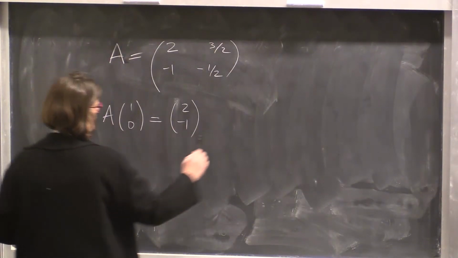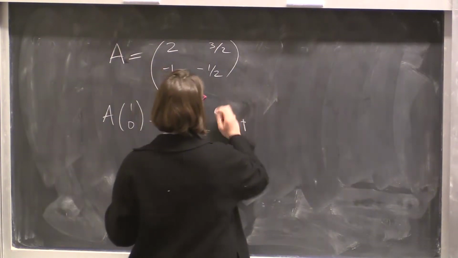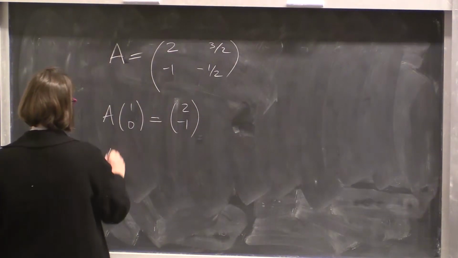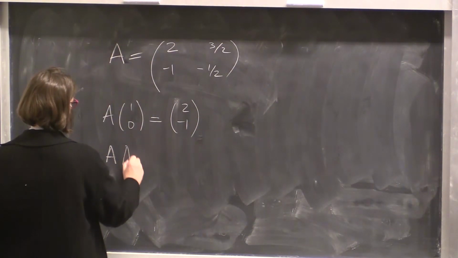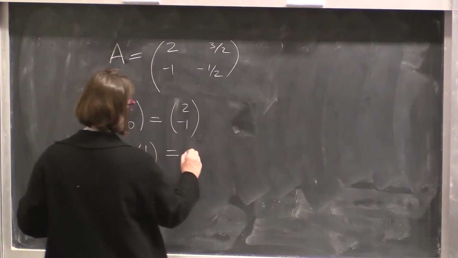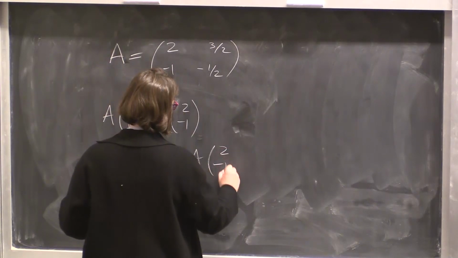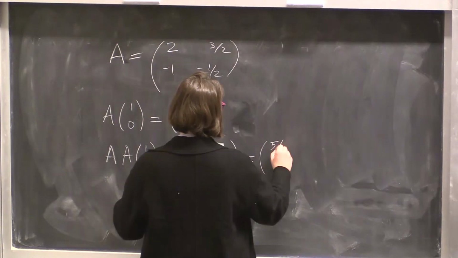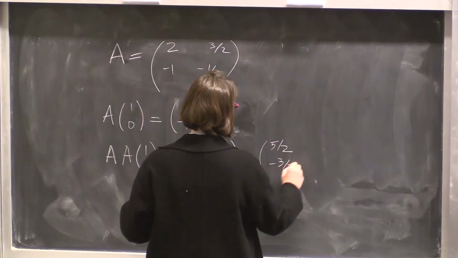Now, what happens if I apply A again? So what is A of (1, 0) applied twice? That's A times (2, -1), and that is (5/2, -3/2).